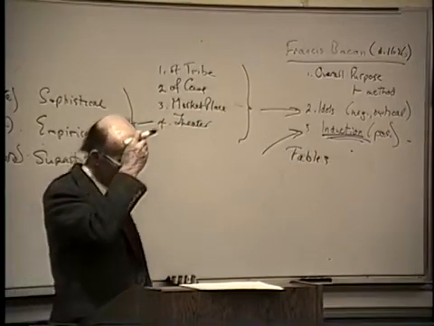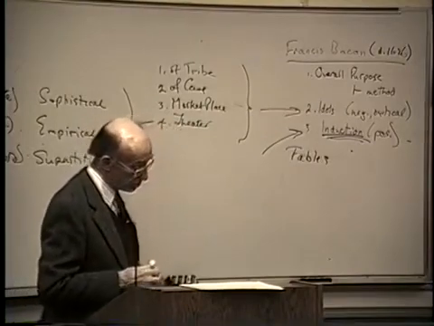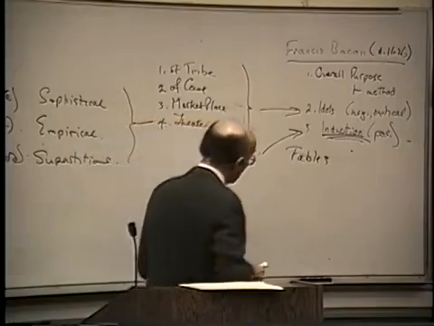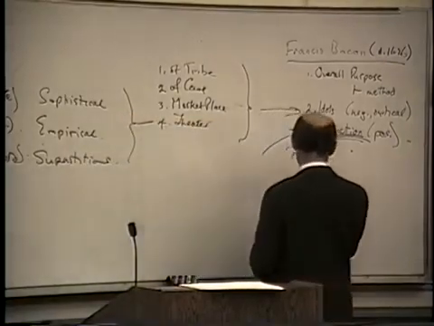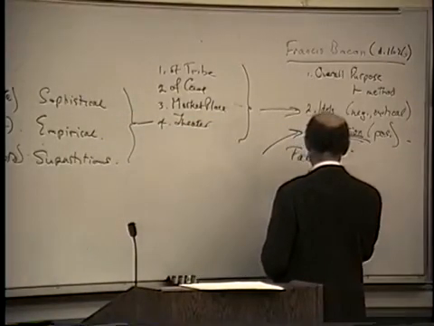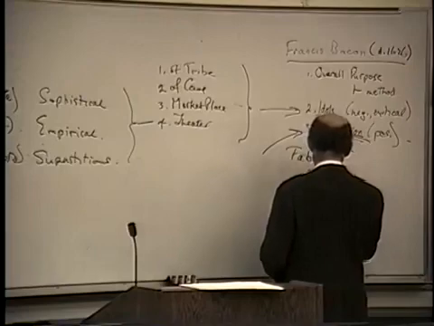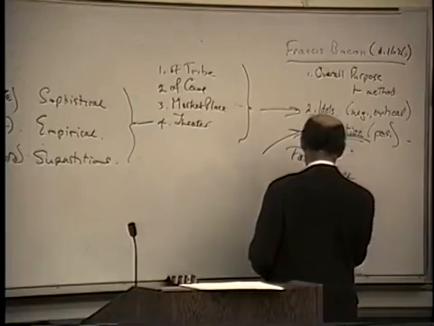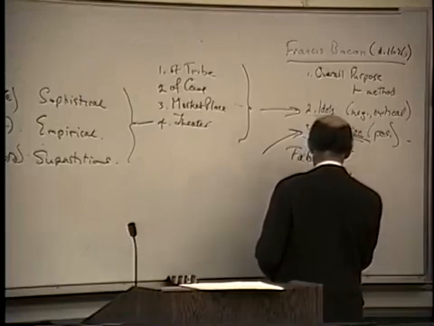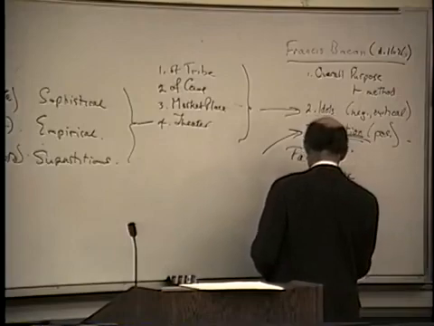And you'll find that Stumpf talks about this. I think it's page 224. He talks of the table of presence, the table of absence, and the table of degrees.